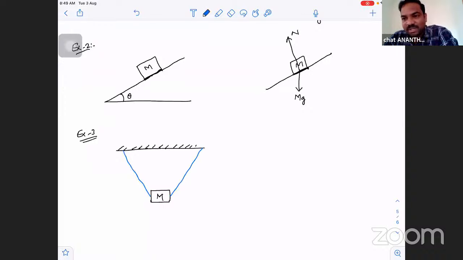Friction direction: friction does not always oppose the motion. Friction can support the motion also. So that's what I'm saying. Please follow me. Don't unnecessarily fall into this type of trap.